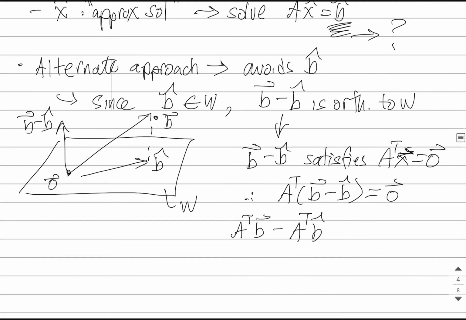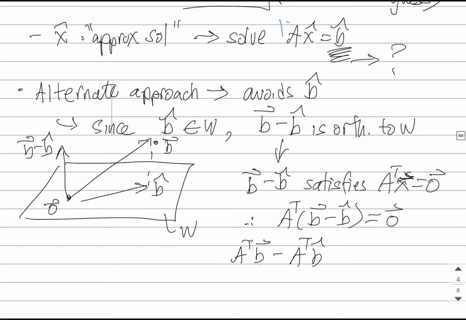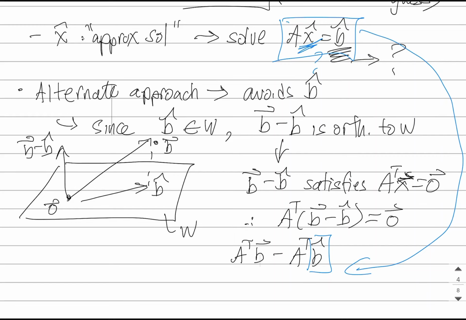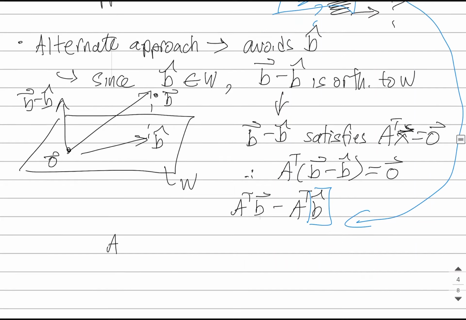And the point of the story here is that anytime I see b hat, it is the result of my least squares solution, the thing that I'm trying to find. And that means I can just plug it into here, and I'll get A transpose b minus A transpose A x hat.